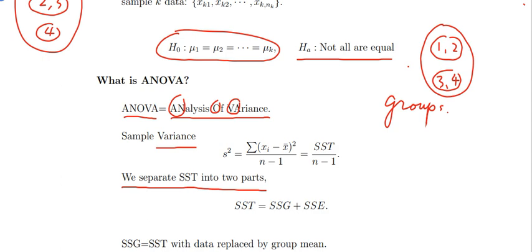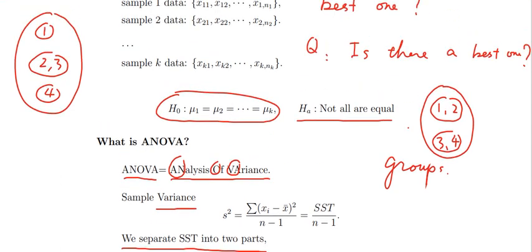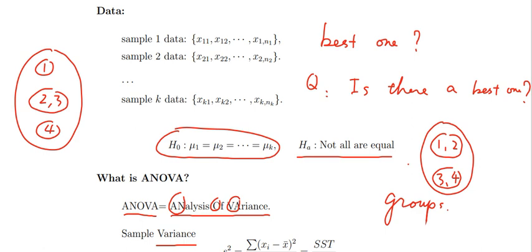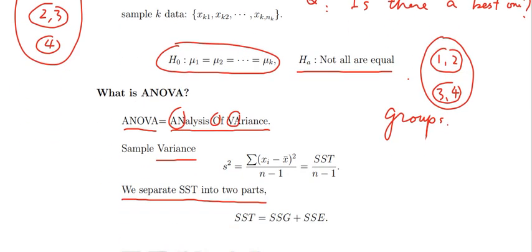So here the variance we're talking about is the sample variance, so the data's variance, right? We have data, so we can have variance. So the variance has this formula: xi minus x bar squared, add them up, divided by n minus 1. So here if the data is like this, we just put all the data together as one data. Then we can find the variance.